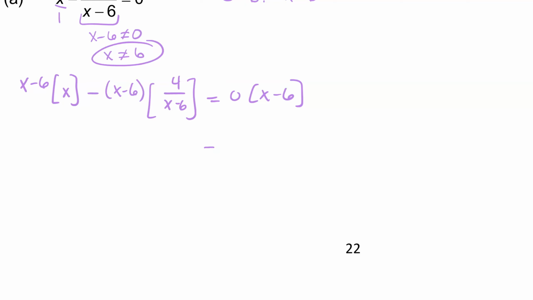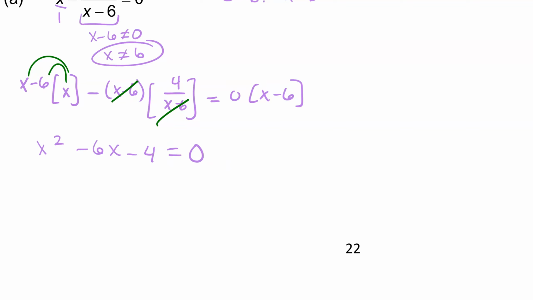It's just 0. And then this one, it cancels out, so I'm just left with the minus 4. But this other one, we have to distribute the x out. So I have x squared minus 6x minus 4 equals 0. Okay, cool. We can solve this out.